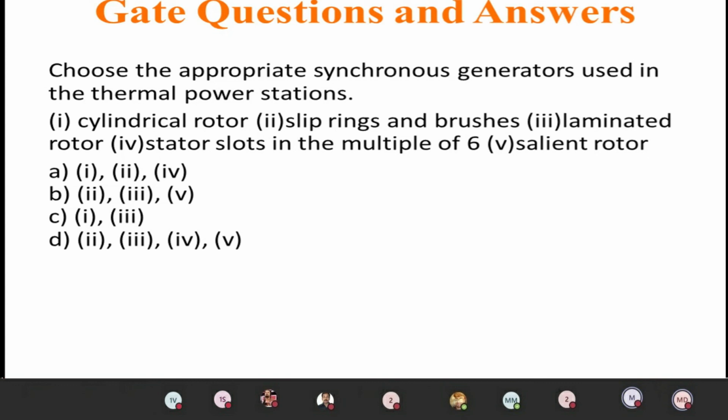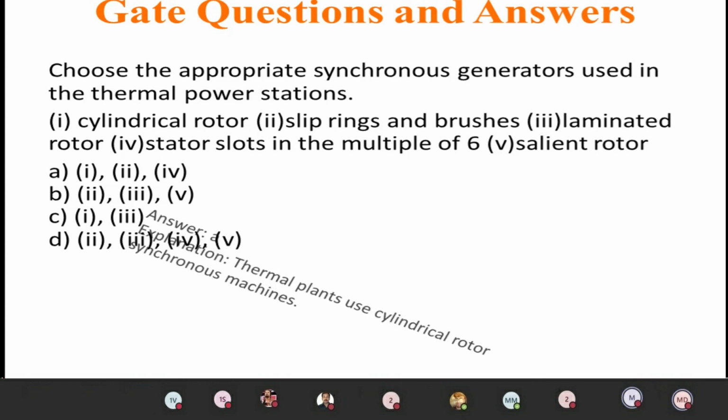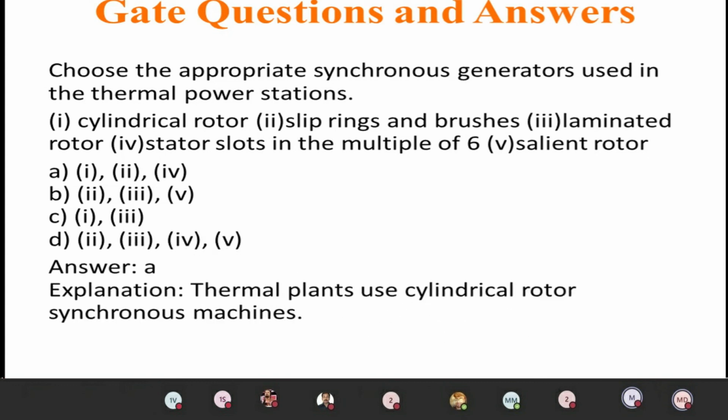Option D is 2. The thermal power plant uses a cylindrical rotor synchronous machine. So option A.